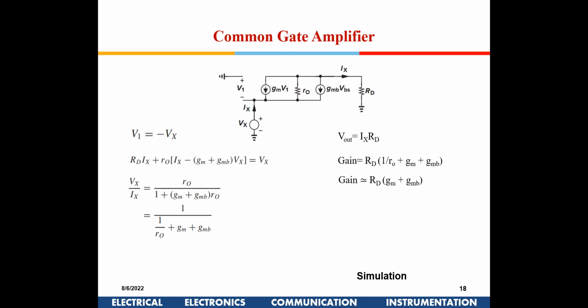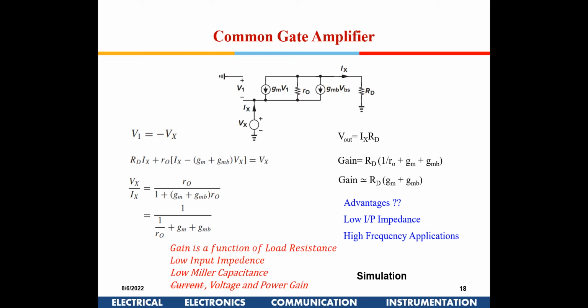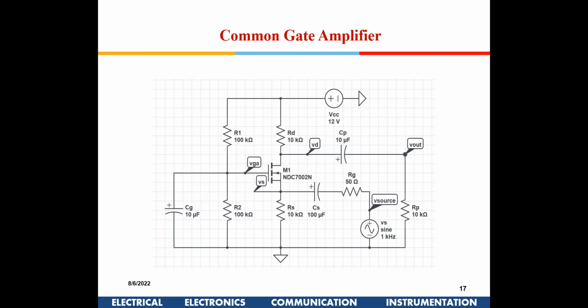So a common gate amplifier has voltage gain and a low input impedance. What are the other advantages? High frequency applications, because there is no Miller effect. Let me go back to this circuit.